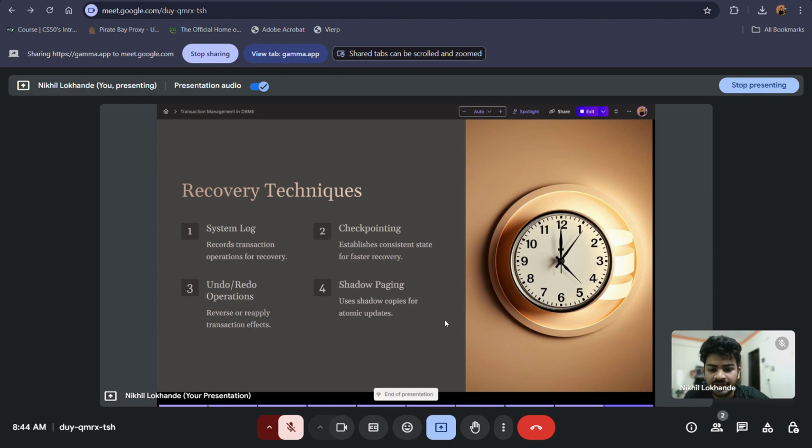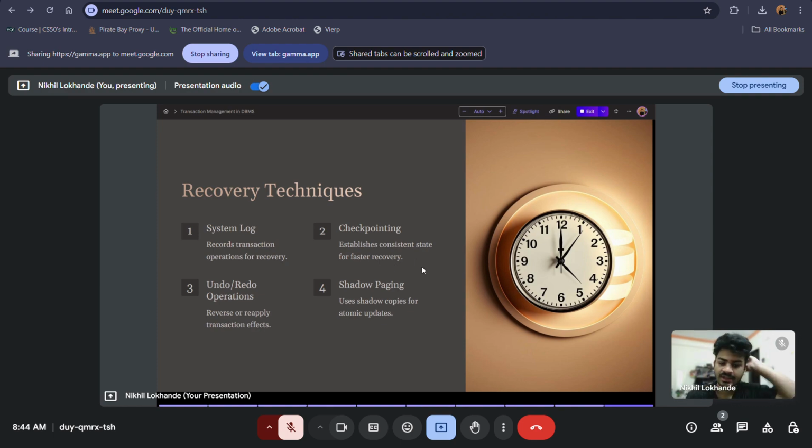What are recovery techniques? A few of the recovery techniques are the system log, which records transaction operations for recovery. It keeps a log of all the transactions happening for the purpose of recovery. Checkpointing: establishing consistent states for faster recovery.